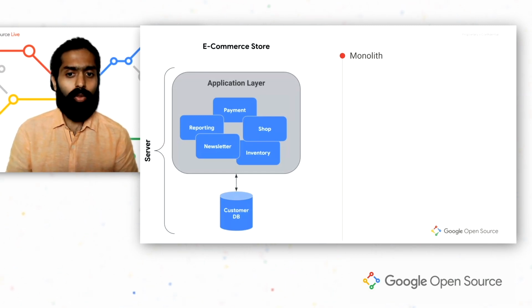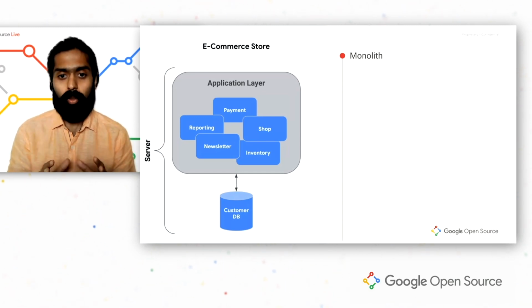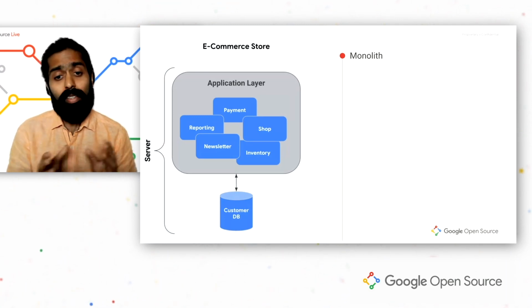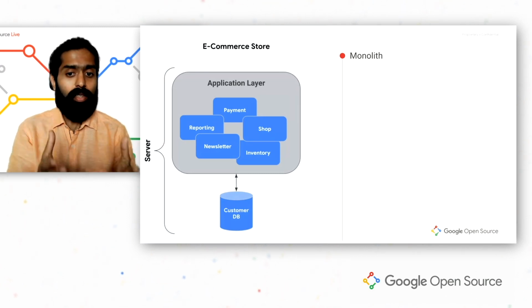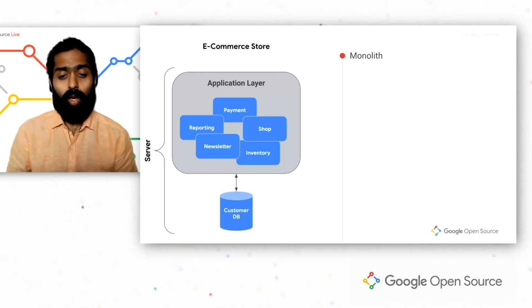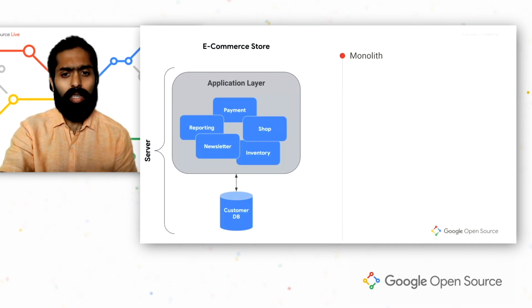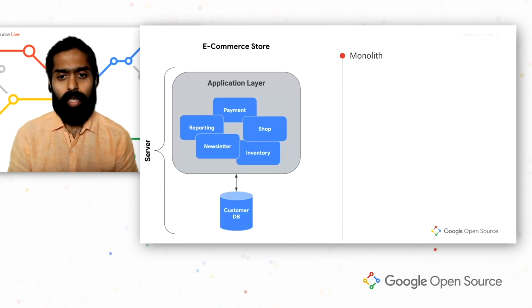A monolith is where there is a single application layer, which contains your presentation layer, your business logic, and the database layer, all integrated into a single platform. Take this e-commerce store as an example. All its 5 services run under a single application layer. Even though this looks simple, there are some inherent issues in it.